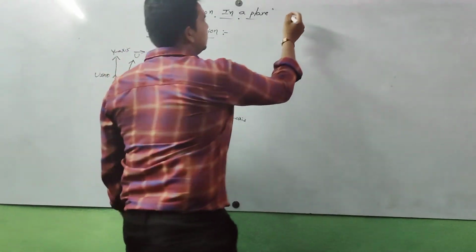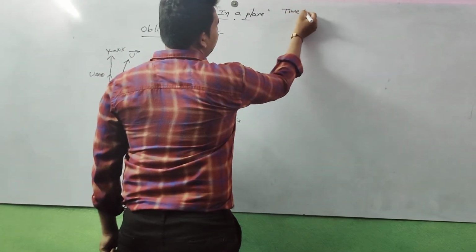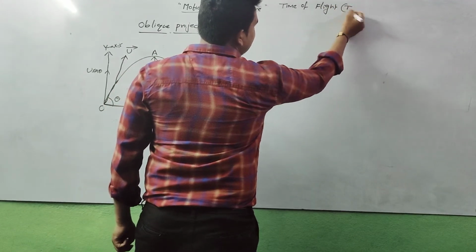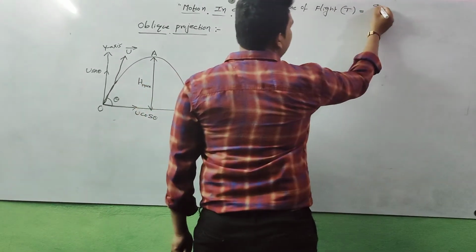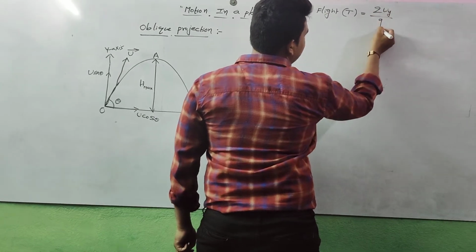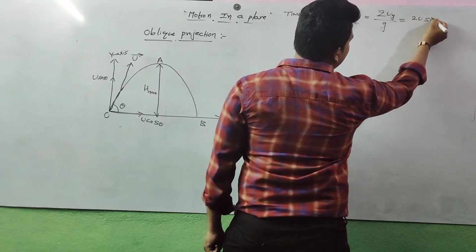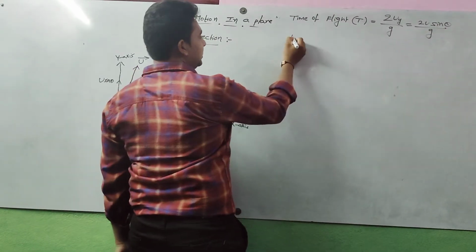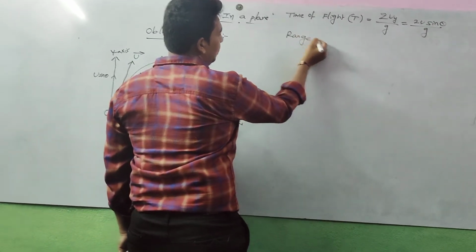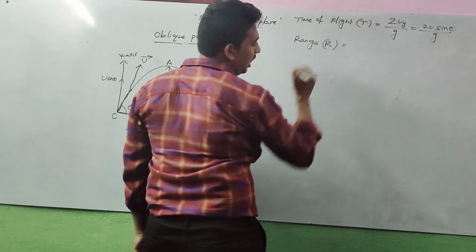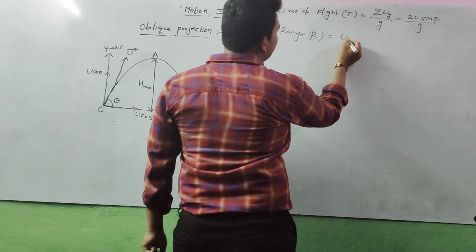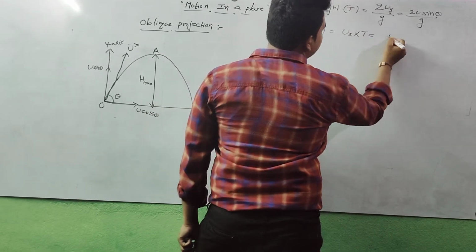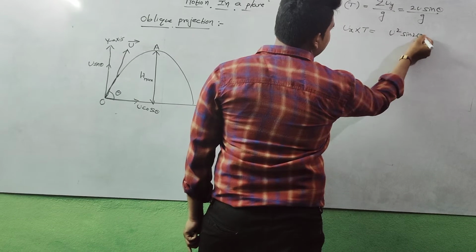First we discussed time of flight, t is equal to 2uy by g, that means 2u sin theta by g. We got the time of flight formula. Next, range means horizontal distance. R is equal to ux into t, that is equal to u square sin 2 theta by g.